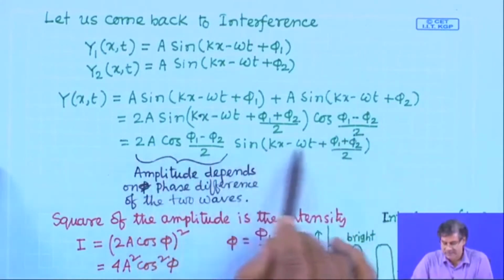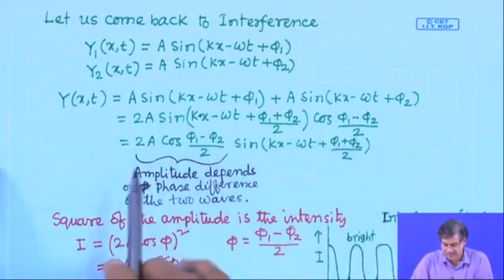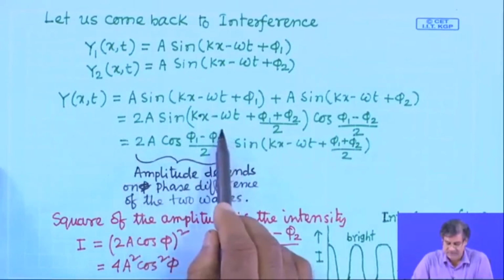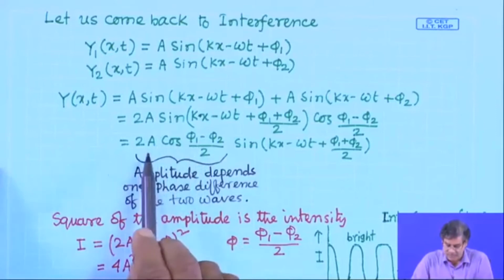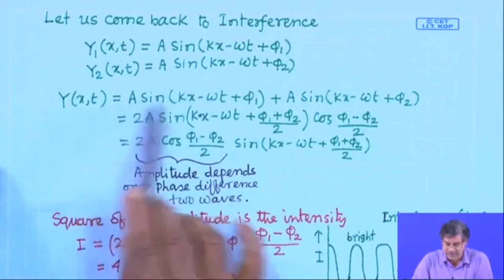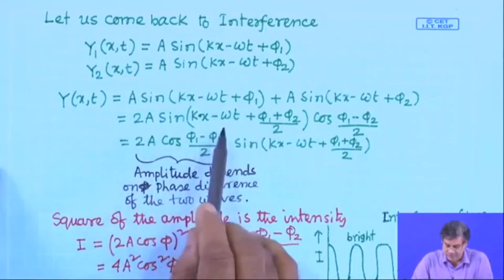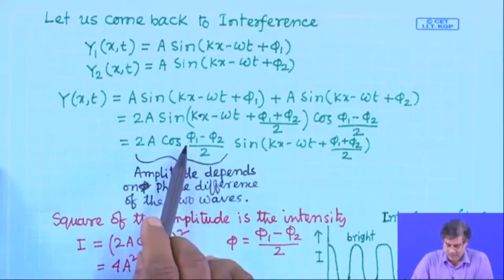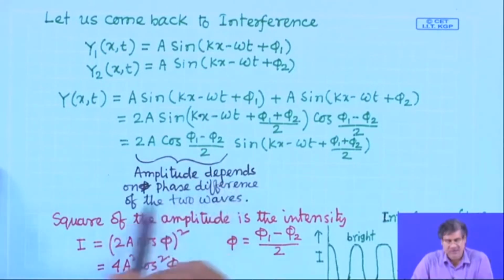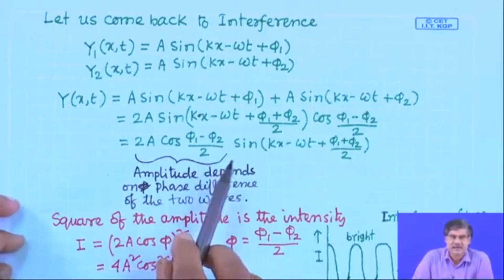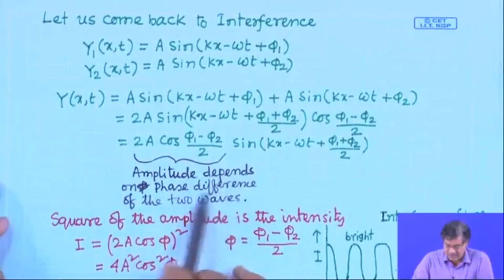This again is a travelling wave, right, but its amplitude is this. So, due to superposition like this, we are getting an amplitude part. The amplitude depends on the phase difference of the two waves. Okay. So, the amplitude is very sensitive to the phase difference of the two waves.